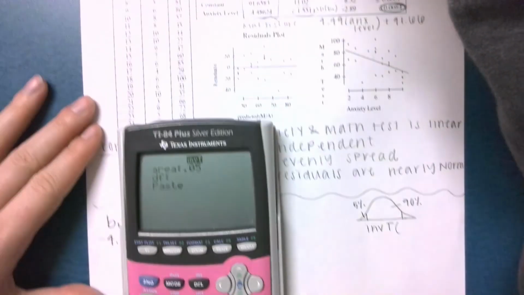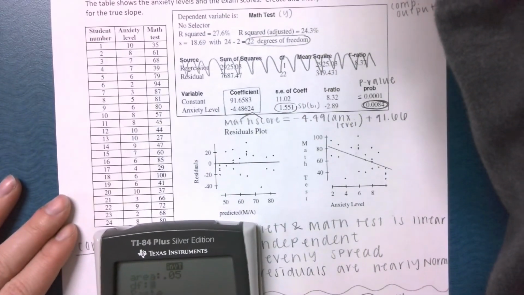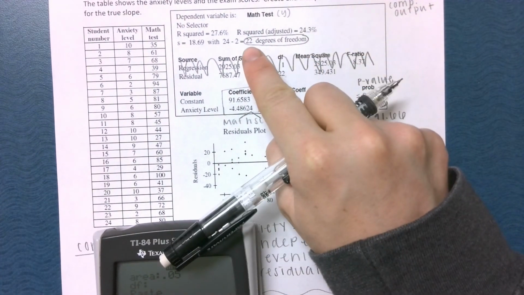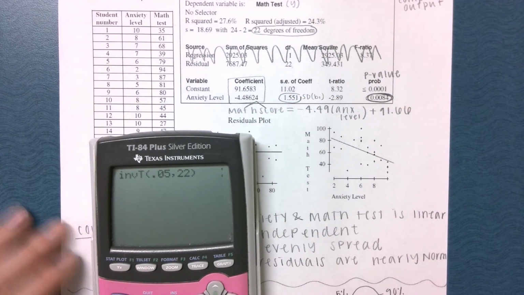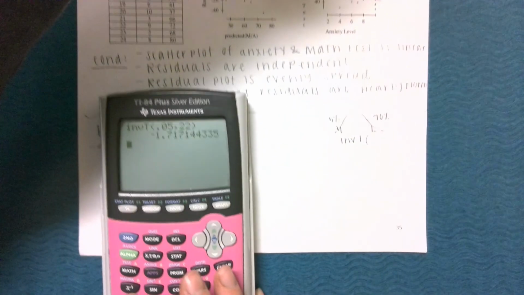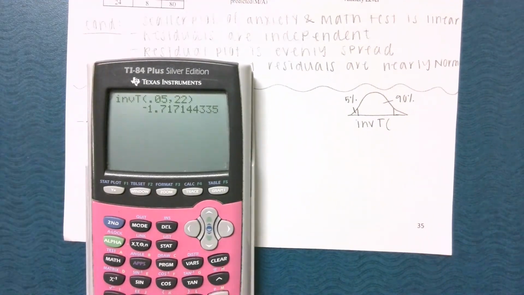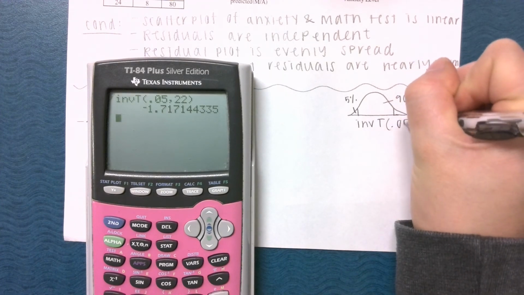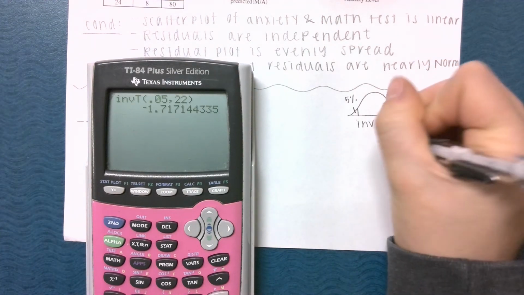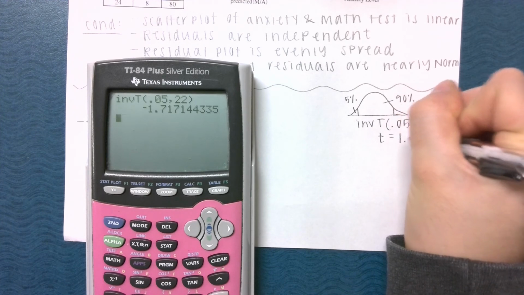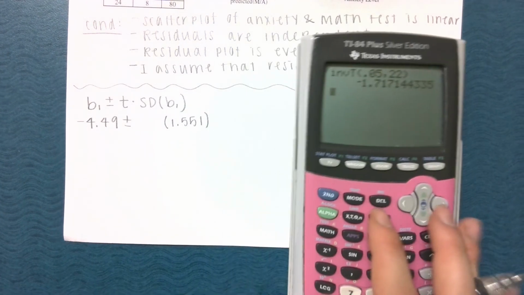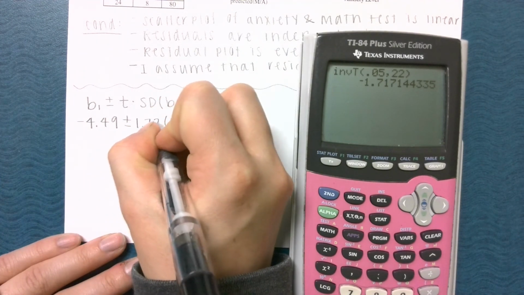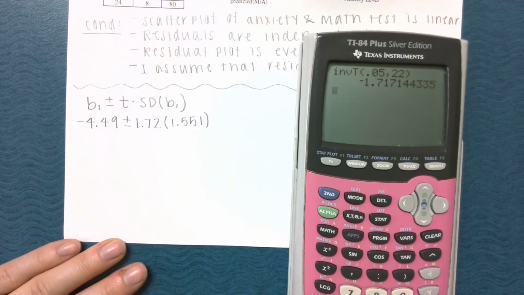It should be hidden somewhere up here in that computer output. In this case, my degrees of freedom was 22, so I'm going to put 22 there. So I had 0.05 and 22, gives me a t of 1.72. So I'm going to go ahead and put that 1.72 into my confidence interval.